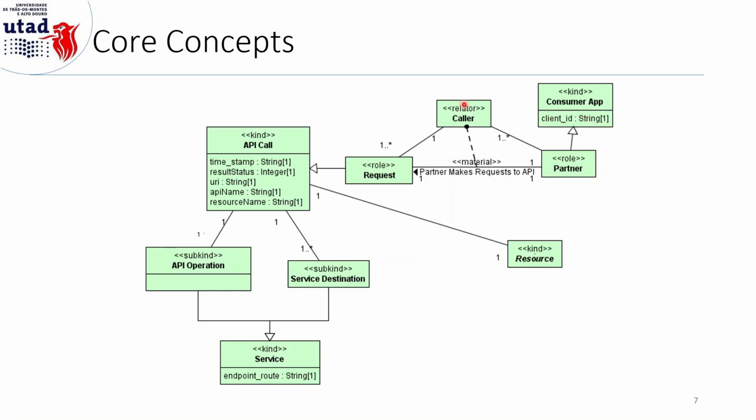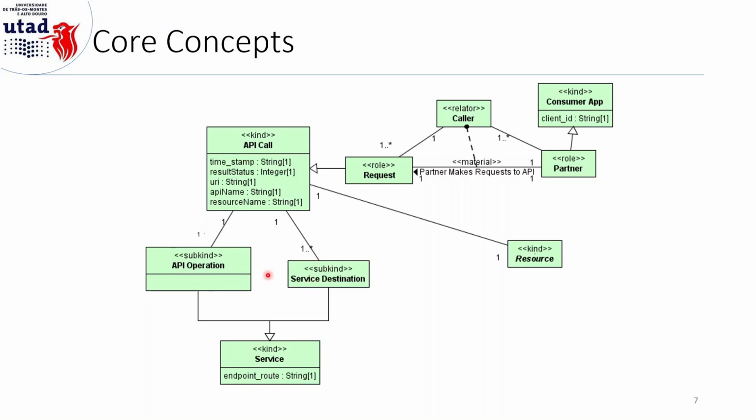The relator caller represents partners that make requests to API calls. An API call also has one or more API operations and also one or more service destinations. That is the service called by the API in the backend or the external service provider.